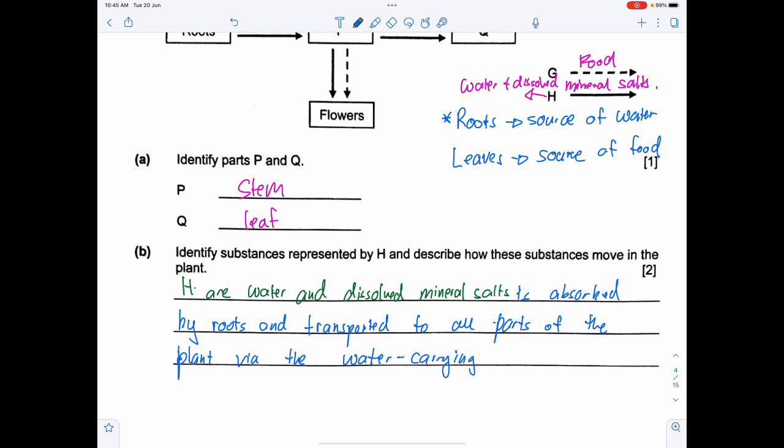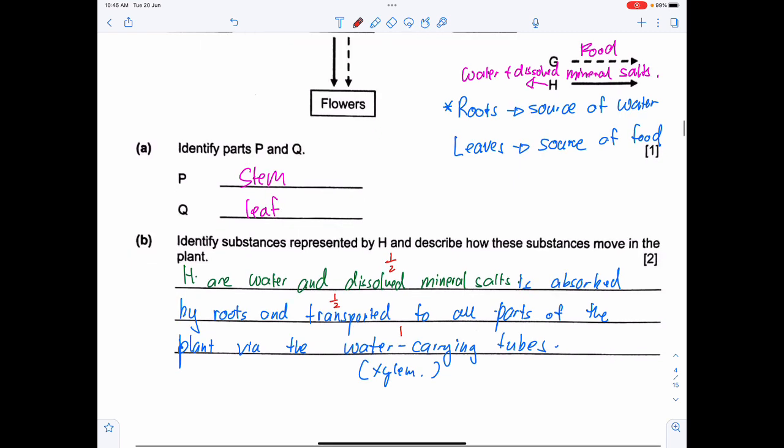Of course, if you are good, you would know that water carrying tubes are also known as your xylem. So how do you mark this? Half mark here, absorbed by the roots and transported to all parts, half mark, via the water carrying tubes, 1 mark. Half mark, 1 mark, 2 marks. Okay? That is the breakdown of how this is being marked.